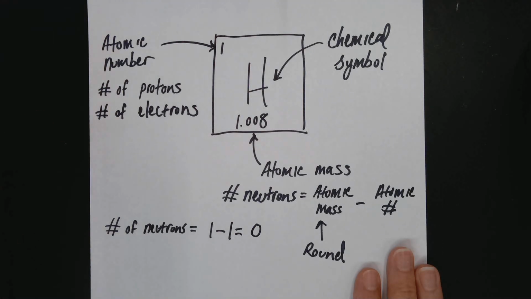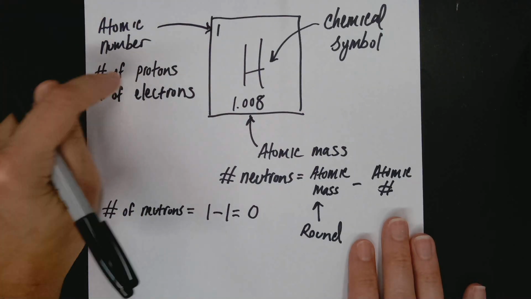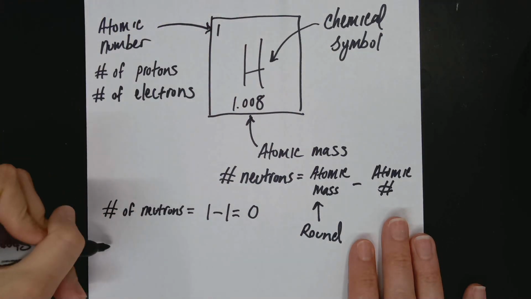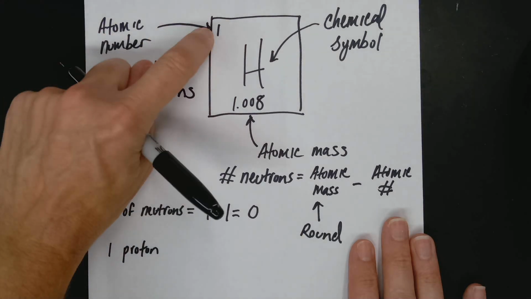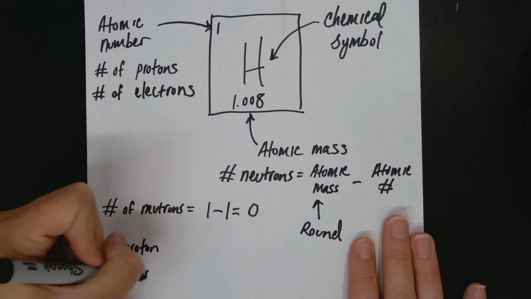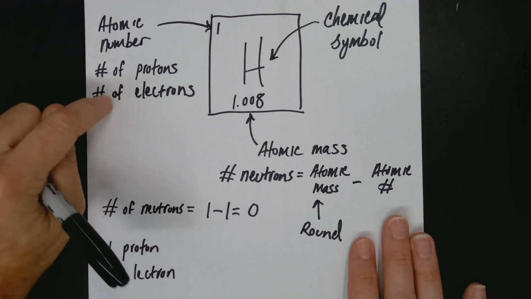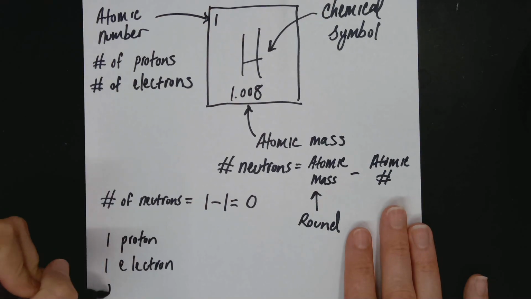So all of this information tells us, or if I were to ask you, a hydrogen atom has 1 proton, right, because the atomic number is 1. It has 1 electron. Again, atomic number is 1. And 0 neutrons.